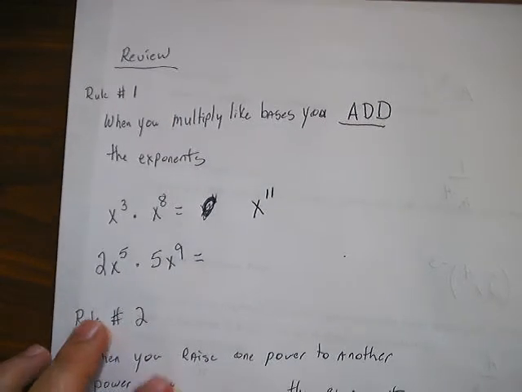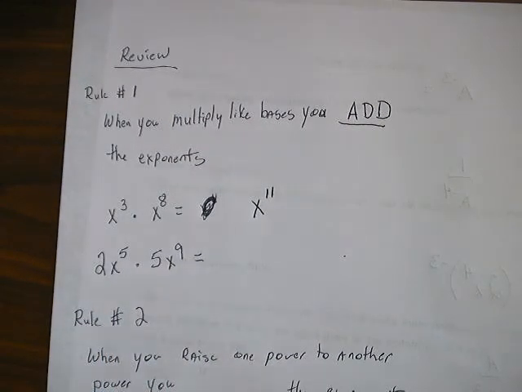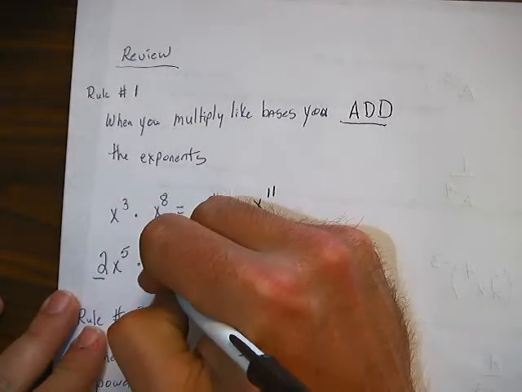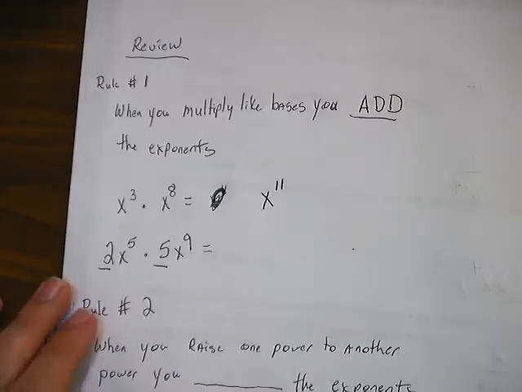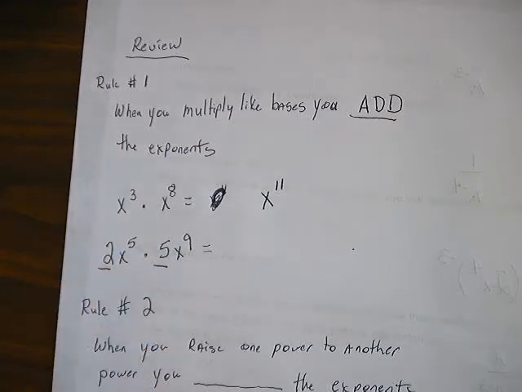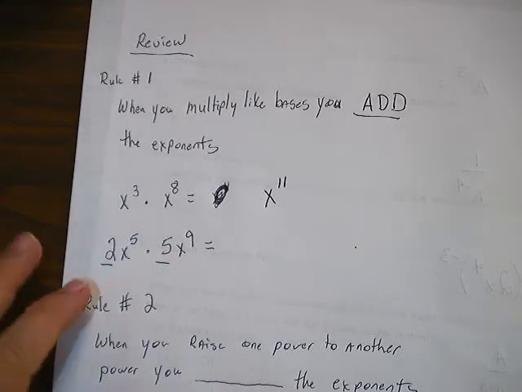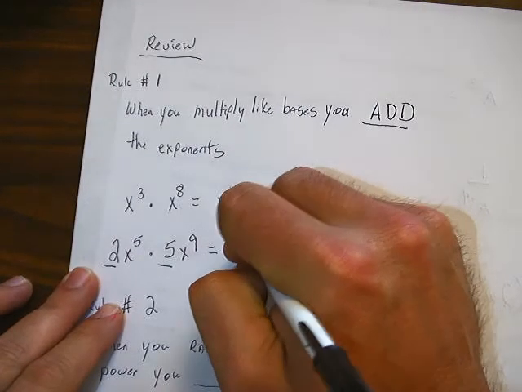On the second example, we have coefficients. We have a coefficient of 2 here and a coefficient of 5 there. The like base is still x. Anytime you have coefficients, take care of the coefficients first. We can multiply 2 times 5. 2 times 5 is 10.